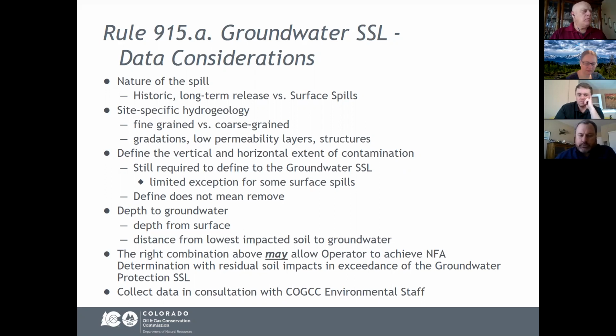Again, if you have a small surface spill or a spill inside secondary containment, we might just jump to the residential screening levels in those cases. So defining the extent doesn't mean you always have to remove to those levels. So again, if the pathway to groundwater hasn't been completed, you could potentially use the higher residential screening levels.